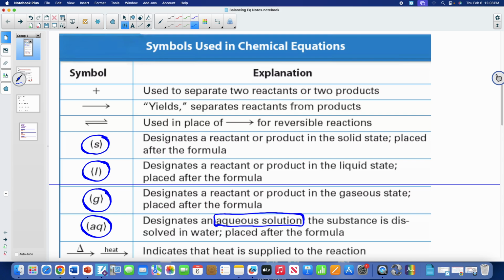Okay, that's different than a liquid. A liquid means you have that pure substance, right, and it exists in a liquid form. Aqueous means you have taken that substance and dissolved it in water to make a solution. Okay, any questions about those so far?